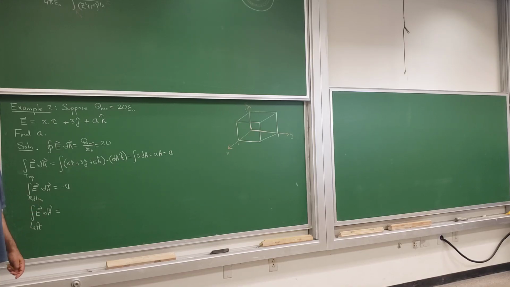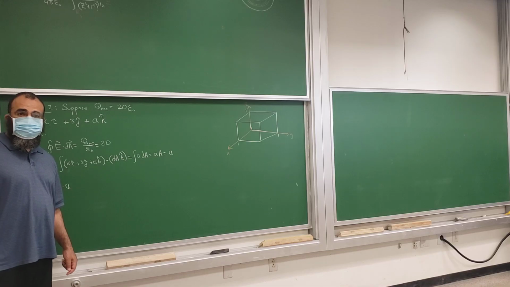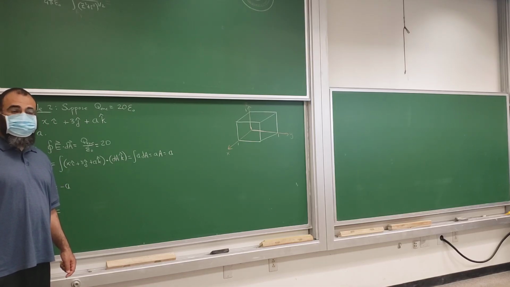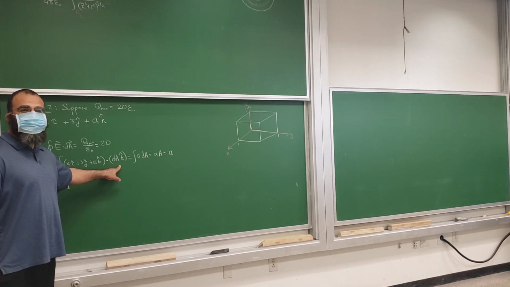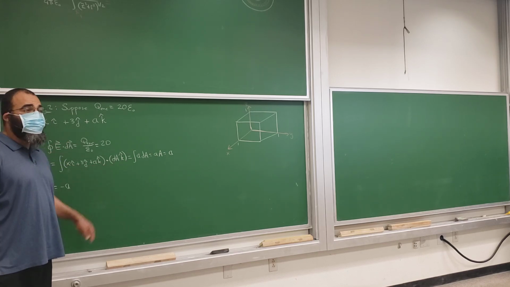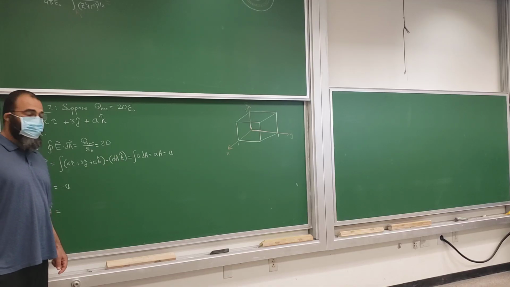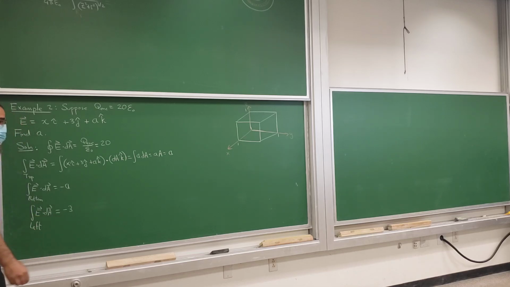The integral of 3 dA, the 3 goes outside, and the integral of dA is A, which is 1, so just 3. But don't forget the minus sign because it's to the left. So it will end up being minus 3, right?